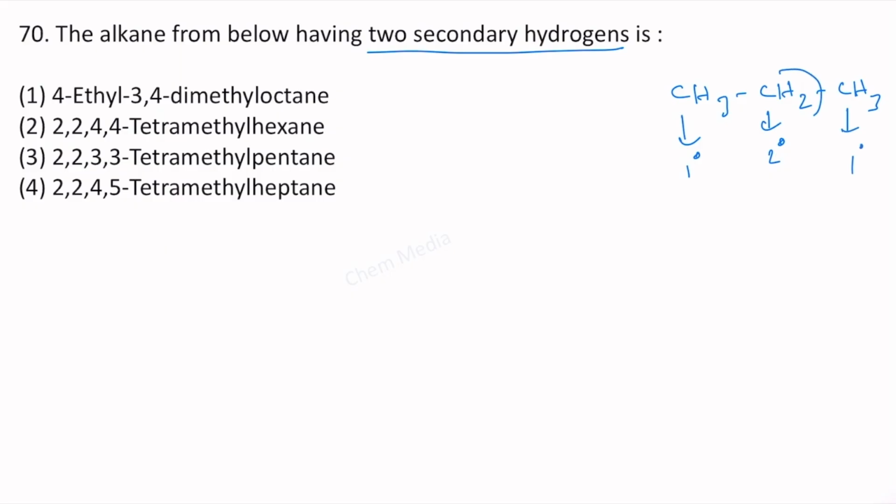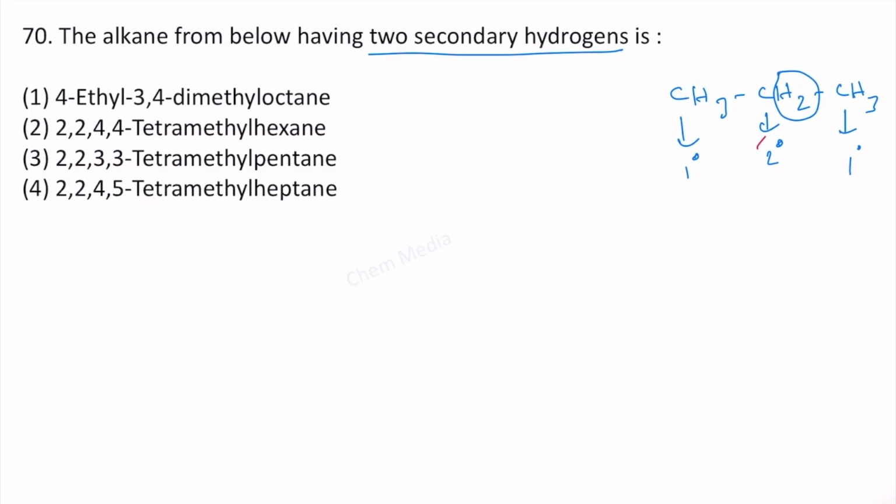These 2 hydrogens we can consider as secondary hydrogens. Now, why this carbon atom is secondary is because it is directly connected to 2 other carbon atoms, whereas the end carbons are directly connected to only 1 carbon atom, and that is why the end carbons are primary and the middle one is secondary.